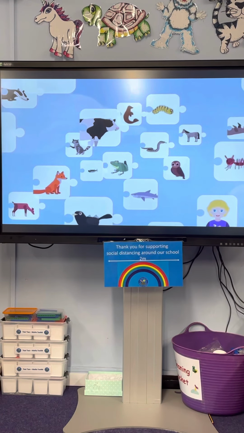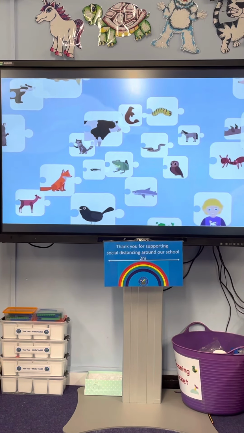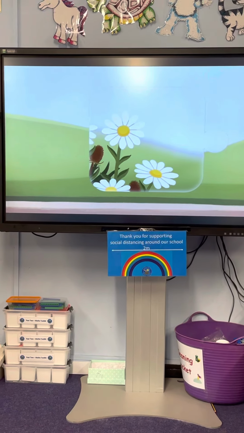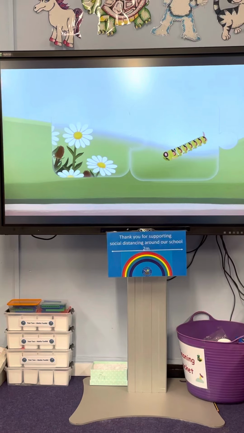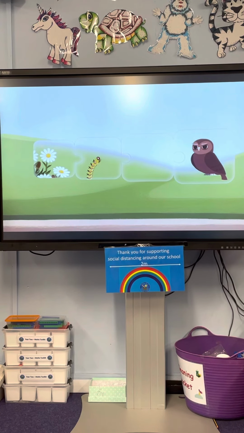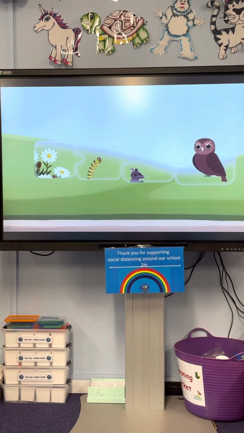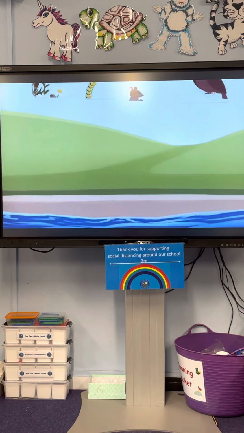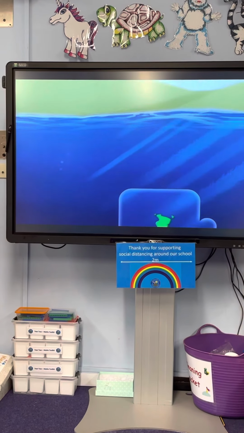A food chain shows how plants and animals depend on each other as their source of food. For instance, a caterpillar eats plants, mice eat caterpillars, and owls eat mice. They're a perfectly simple food chain. And we can see food chains happening underwater too.